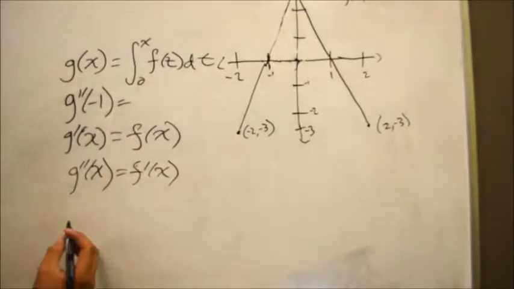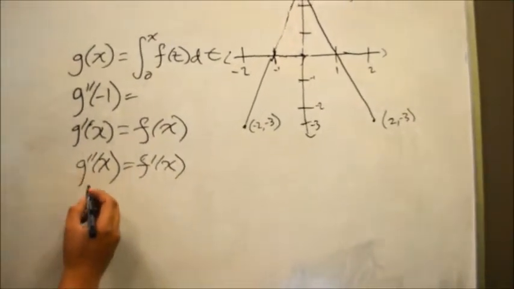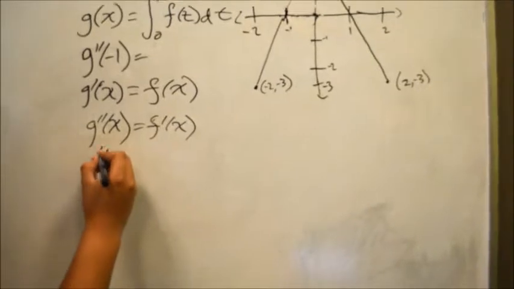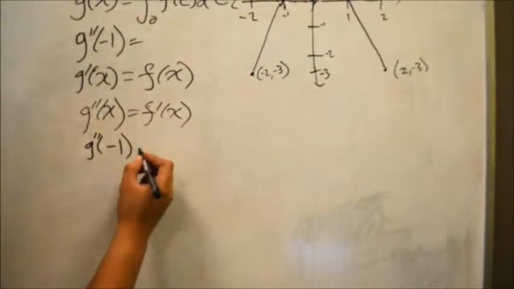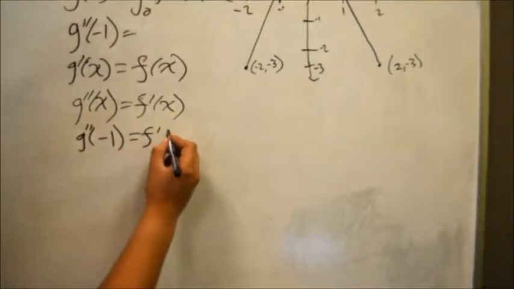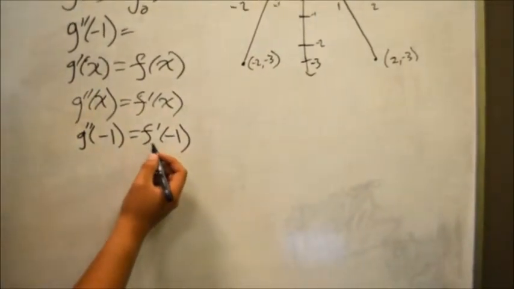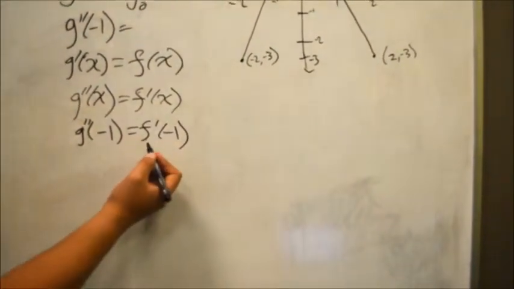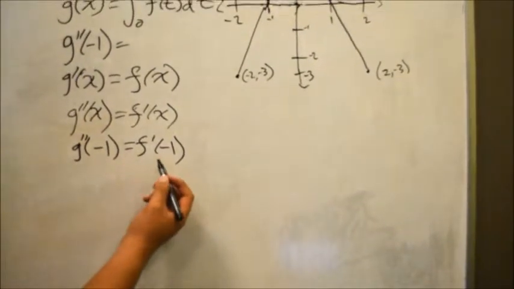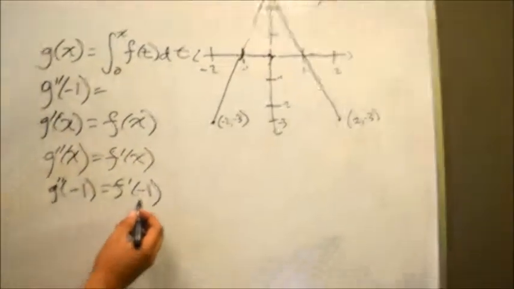So to find g double prime of -1, we have to find f prime of -1. Another way to say derivative is slope. So we have to find the slope of f of x when x equals -1.